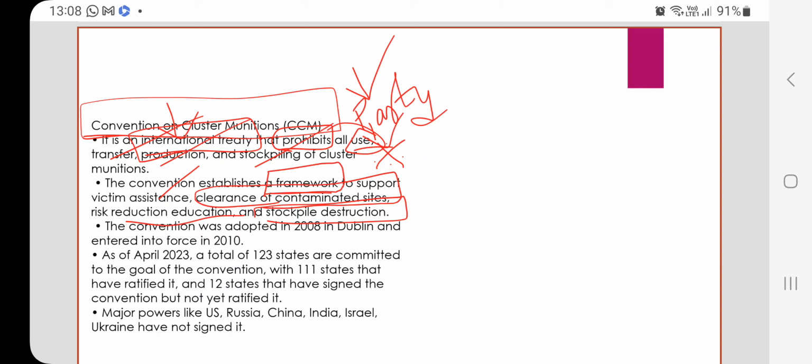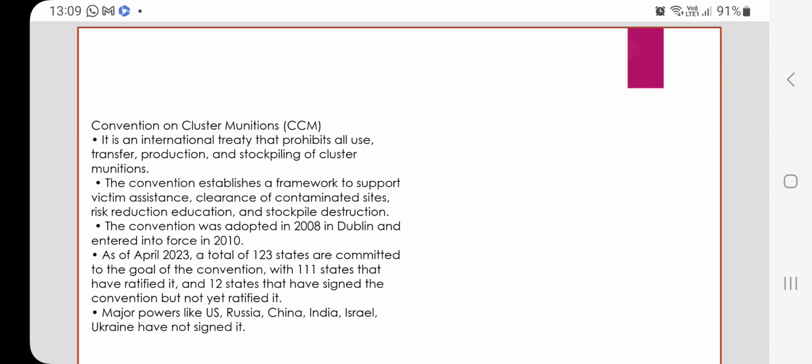They also need to create victim support programs. For the recovery, victims need to be financially assisted by the country. And also, if the country contains any contaminated sites, that means war areas, the dormant bombs should be removed by the country itself.